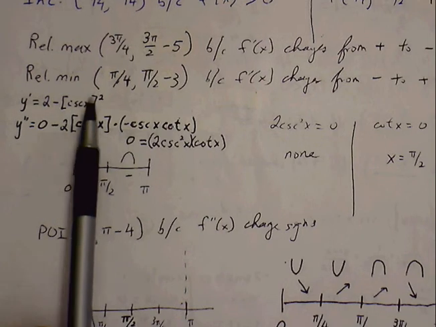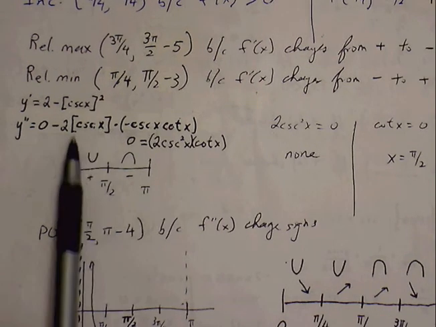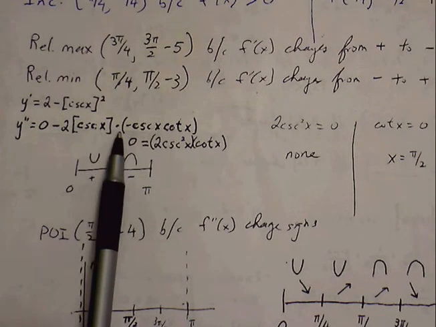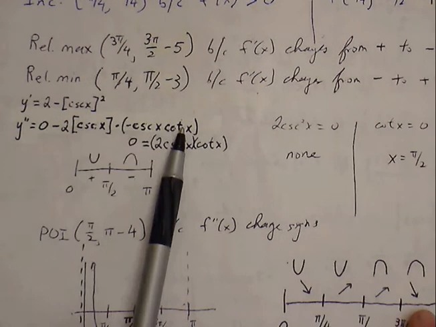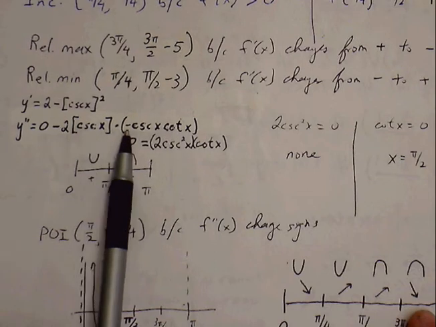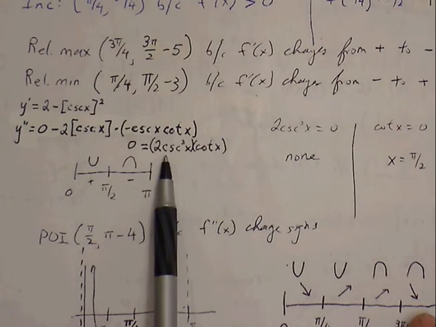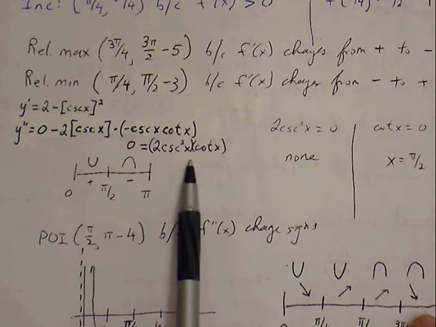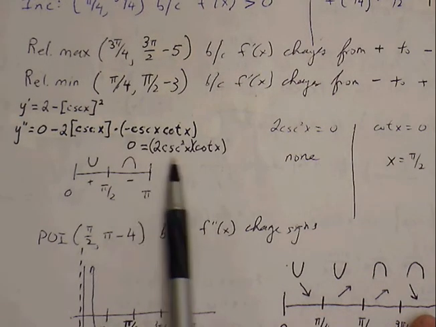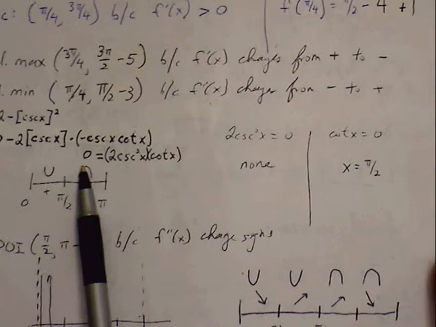Here we have to deal with the square first. Chain rule, bring down the 2, keep the bracket, and then multiply by the derivative of cosecant of x, which is negative cosecant cotangent. All this combines, the 2 negatives cancel out, so I'm left with 2 cosecant squared x cotangent x equals 0. I have 2 functions multiplied equal to 0, so I can set both pieces equal to 0 separately to find my critical points.